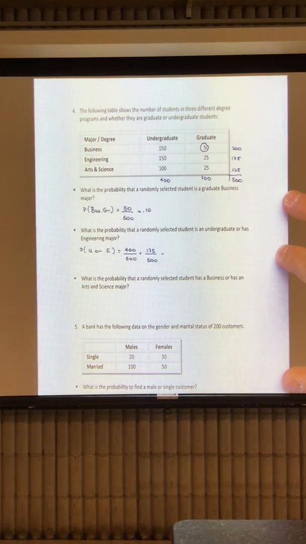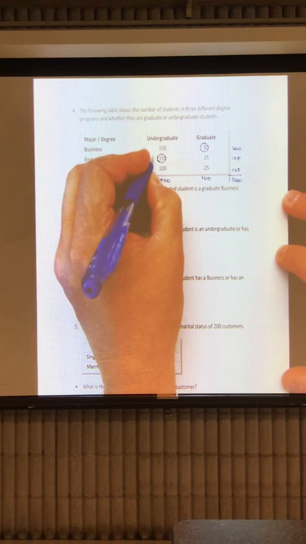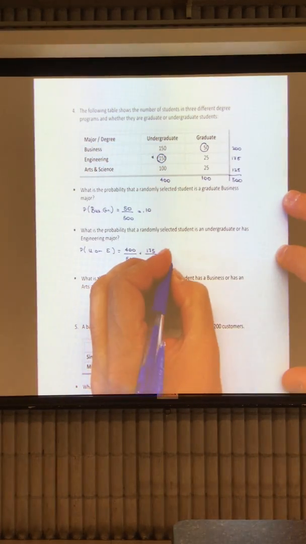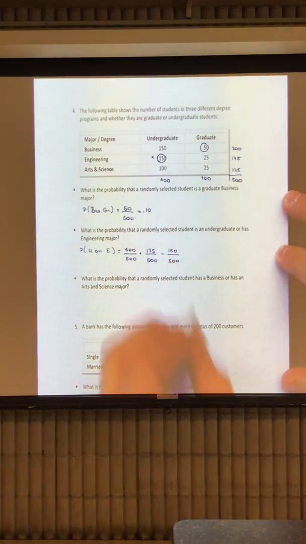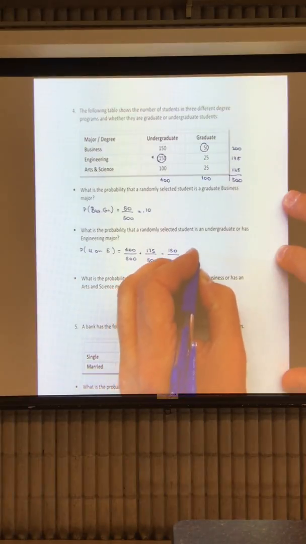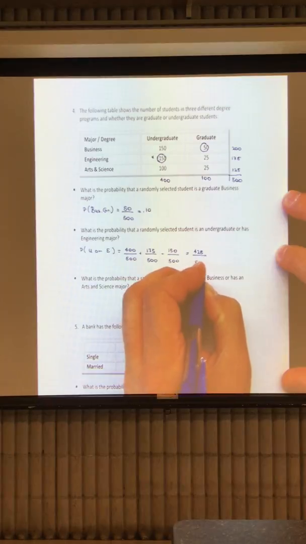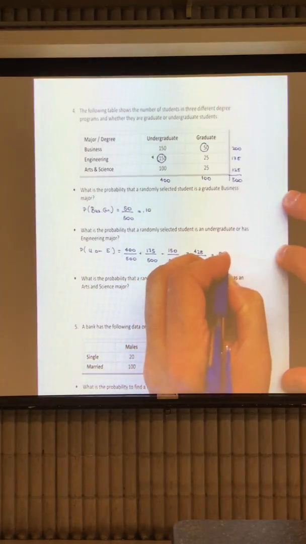For this problem, the point of intersection will be 150, because we count this number twice, one for undergraduates and one for engineering. So we have to subtract the point of intersection. As soon as you do this calculation, this is 425 over 500, which is the same as 0.85.